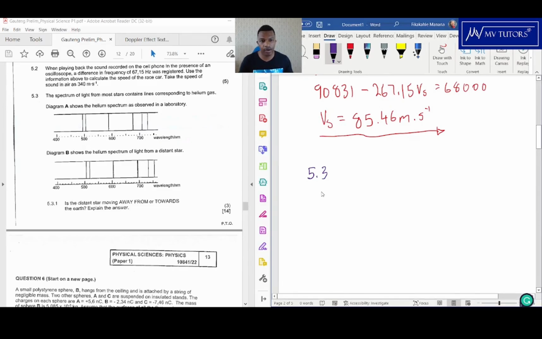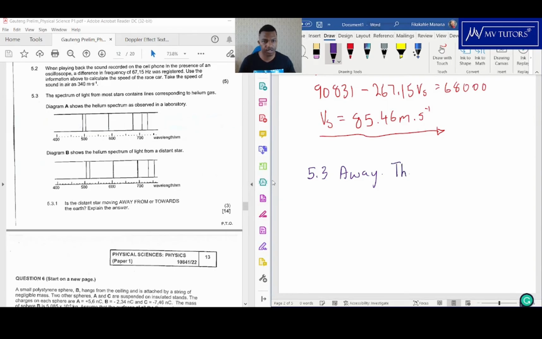So our answer will be away, and the reason is because we can see from the spectrum that the wavelength is becoming longer.